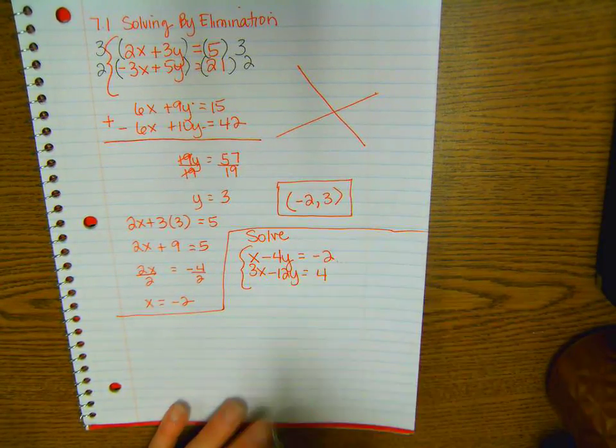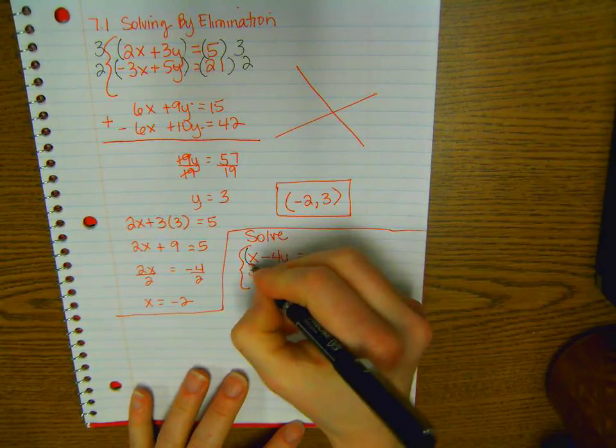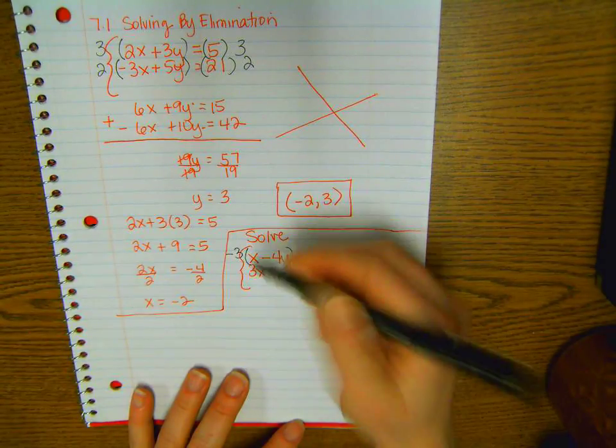Okay, so this is good practice to decide what to multiply by. What would we multiply maybe the top equation by to eliminate the x? Negative 3, because I'd have a negative 3x plus 3x then.